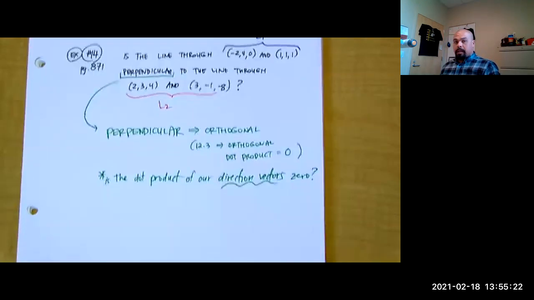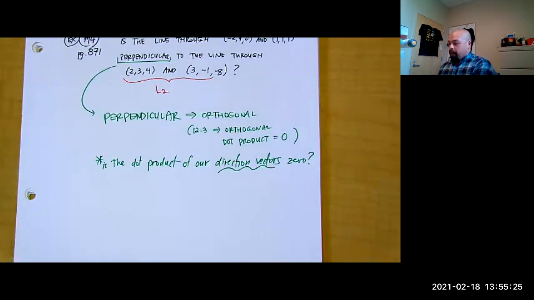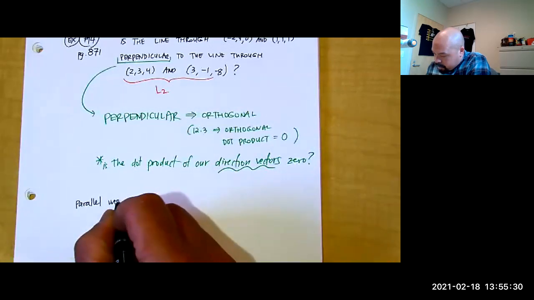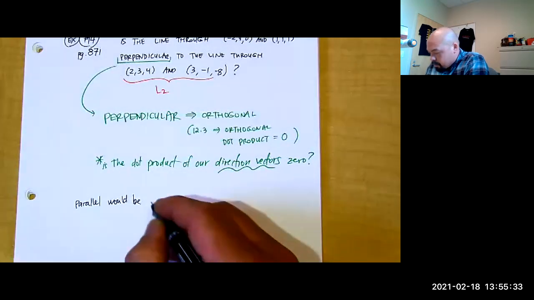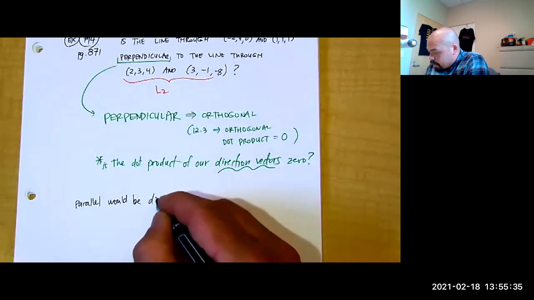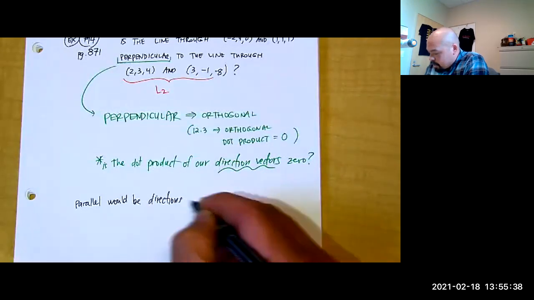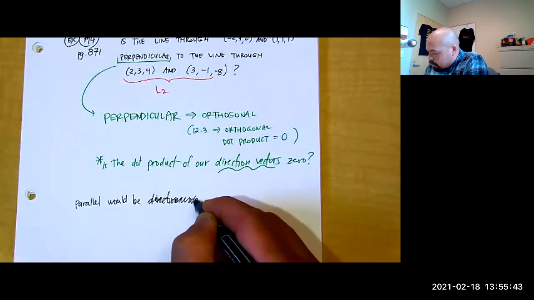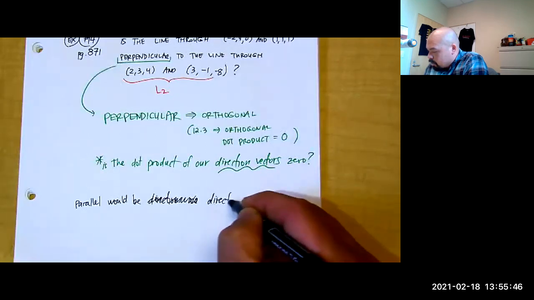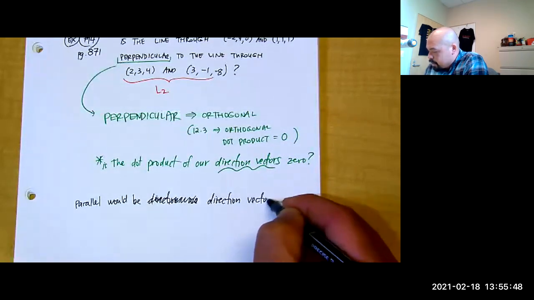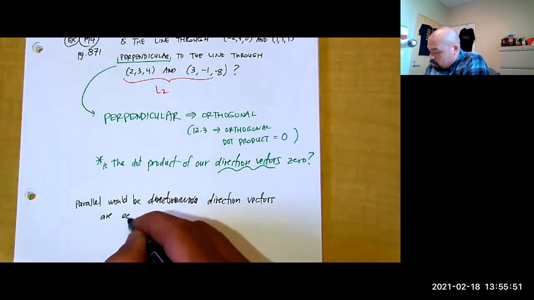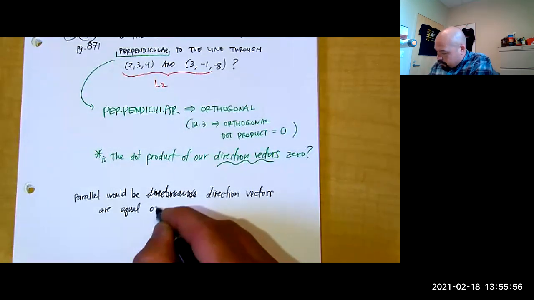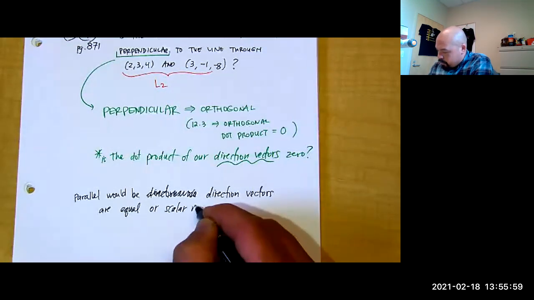Focus on this problem real quickly. Parallel would be that the direction vectors are equal. That's what we had in that problem number 4, the same direction vector or scalar multiples of each other.